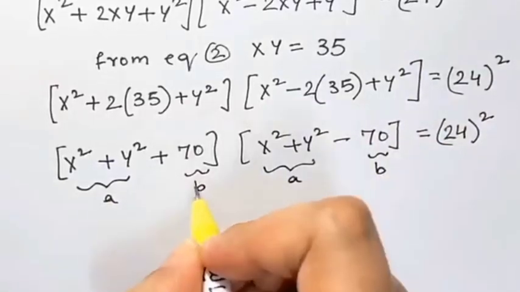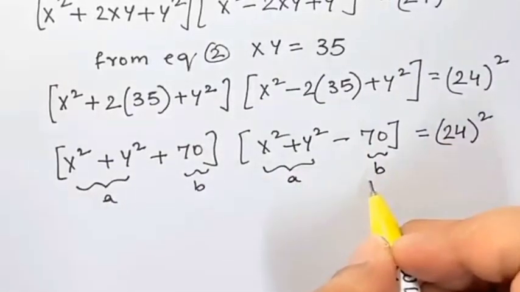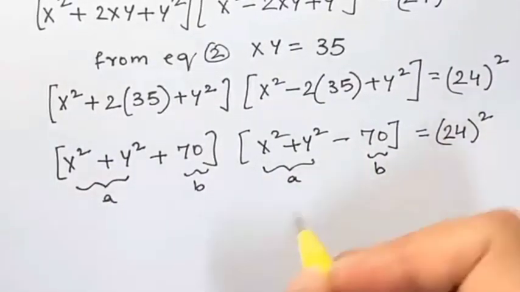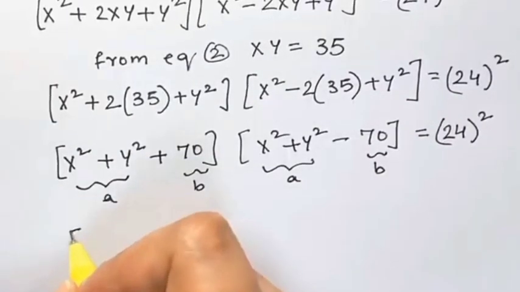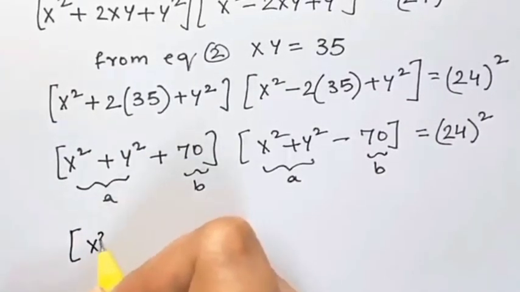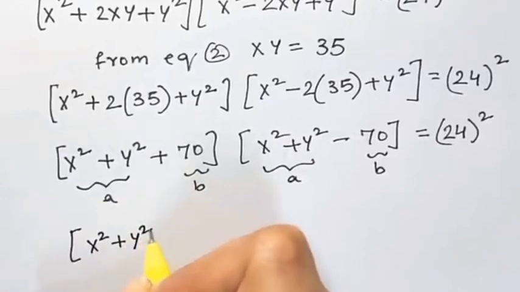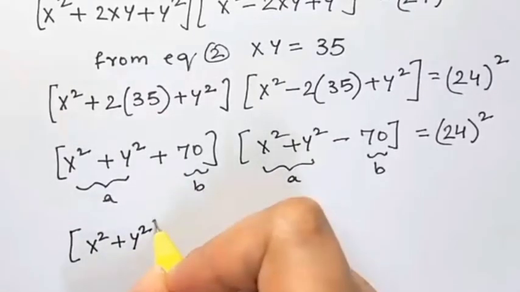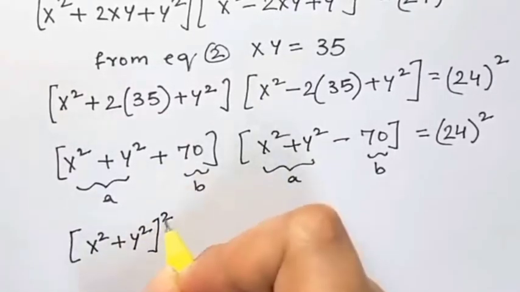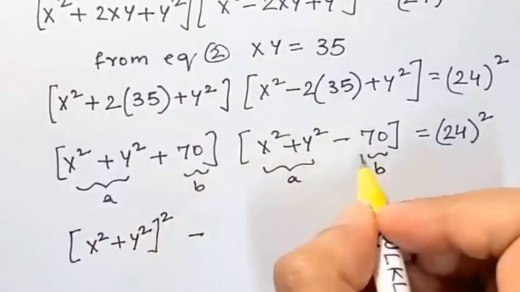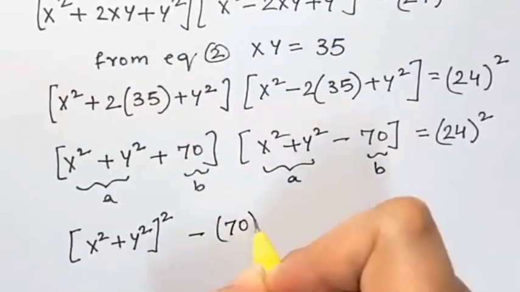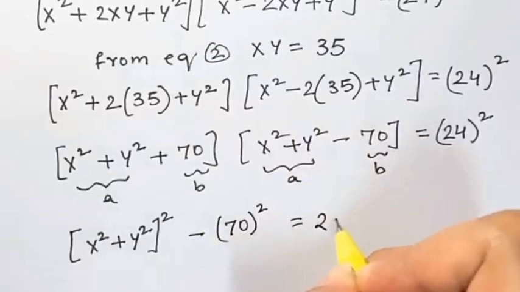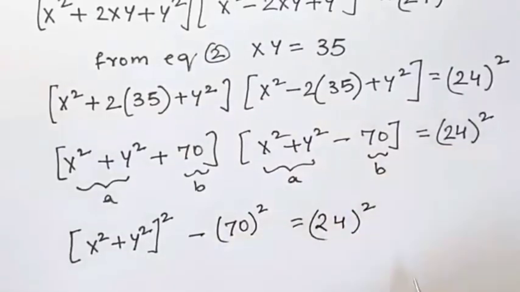So if I have (a + b)(a − b), I can use the formula a² − b². So what I have here is x² + y², that is my a. I'm going to square that: a² − b², b is 70, so I have 70², which is equal to 24².